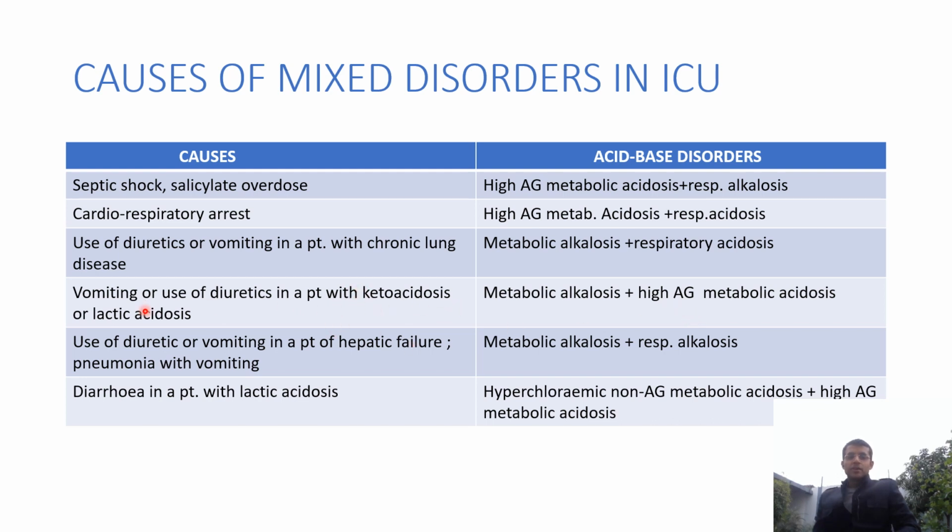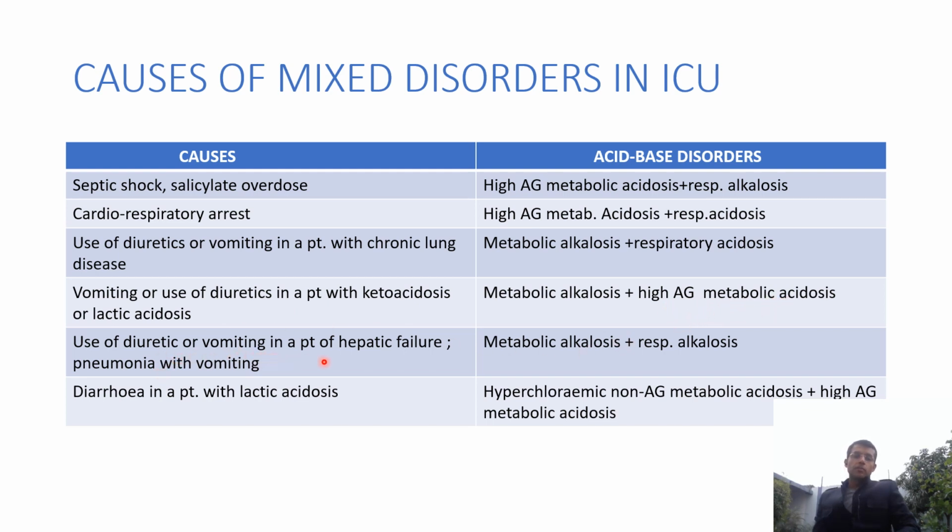Here the mechanism is different: vomiting and use of diuretics, and ketoacids or lactic acidosis, the mechanisms are different. But for respiratory, the organ is the same, so you can't have coexistence of respiratory alkalosis and acidosis, but you can have coexistence of metabolic alkalosis and high anion gap metabolic acidosis.